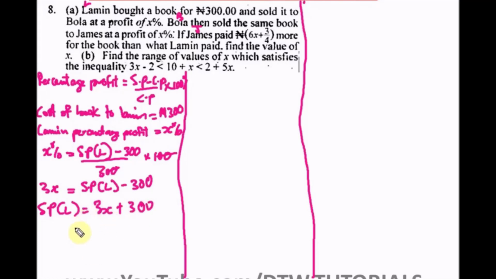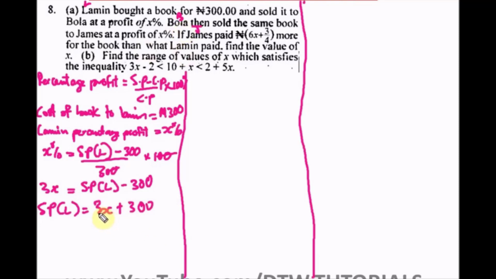Okay, so this is Lamin's selling price. Now the question further goes. It says Bola then sold the same book to James at a profit of x percent. So if this is the selling price of Lamin, it means that he sold this book to Bola. So it means Bola bought this book at this cost.